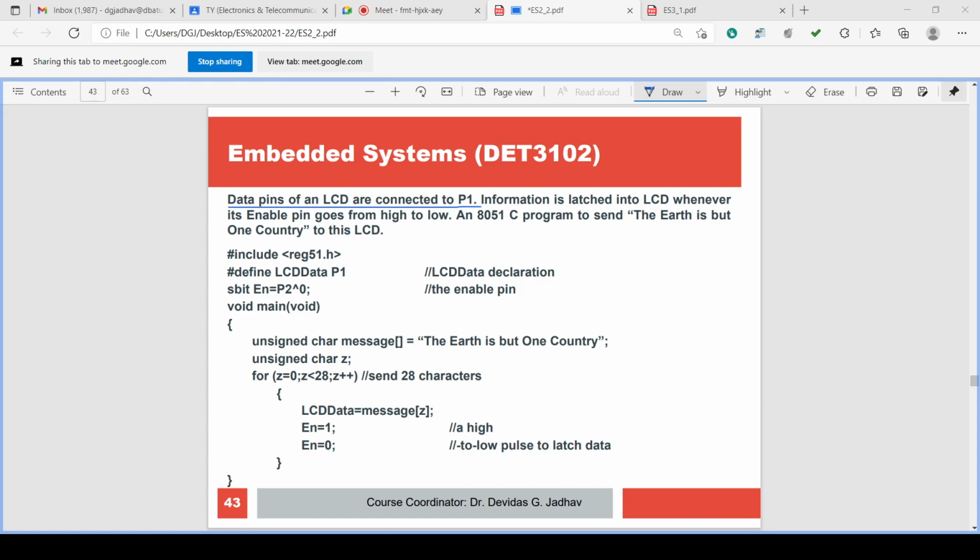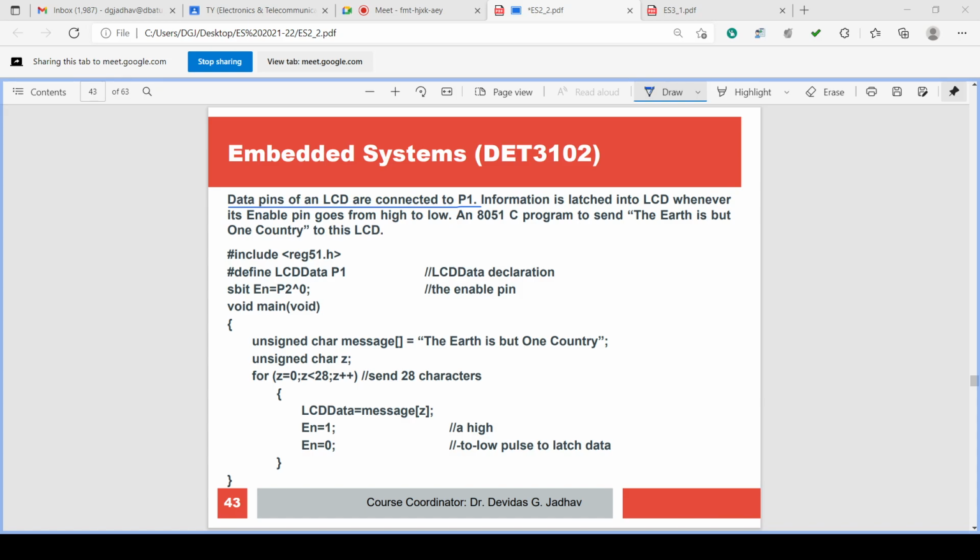And that LCD, suppose a 16 by 2 display is there, then 16 characters on one row and 16 more characters on the next row can be displayed. So in total you can display 32 characters.